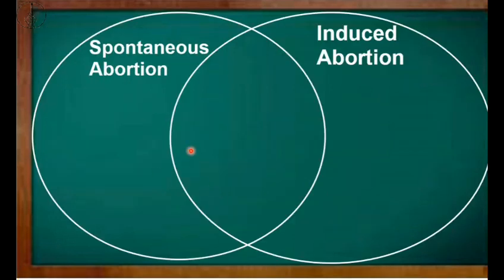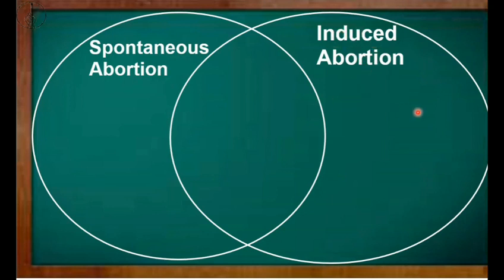Alright, now, here is a Venn diagram. The ideas in the selection that you have read about abortion you are going to write down here. In this part on the left side, the spontaneous abortion, and on the right side is induced abortion.